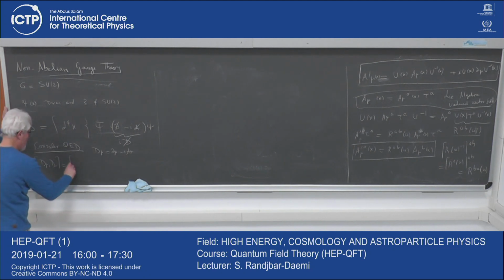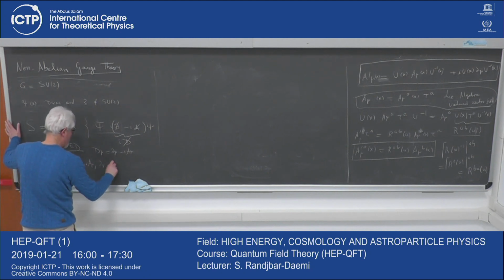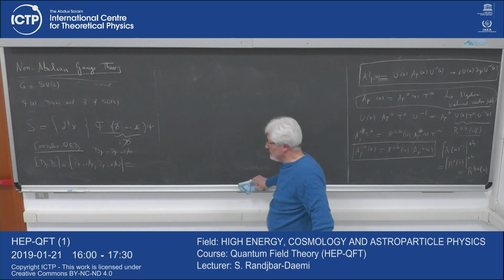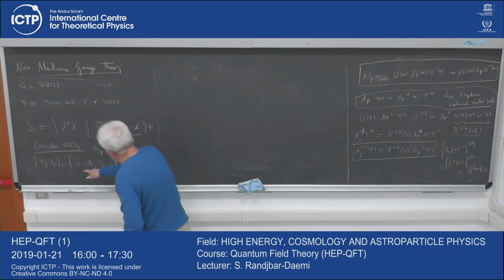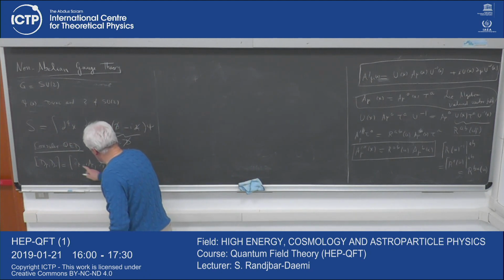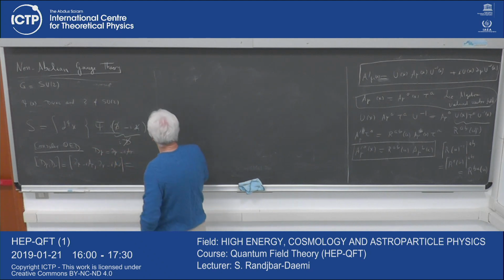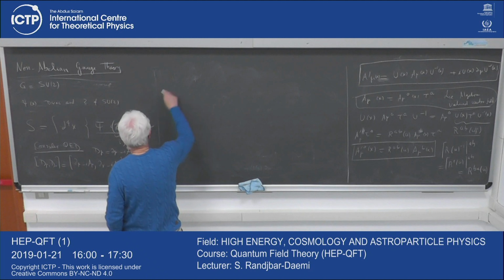The commutator of two D's is [d_mu minus i A_mu, d_nu minus i A_nu]. You know how to calculate these commutators. You take the commutator of this with this, this with this, that with that, and that with that. There will be four terms, four commutators.